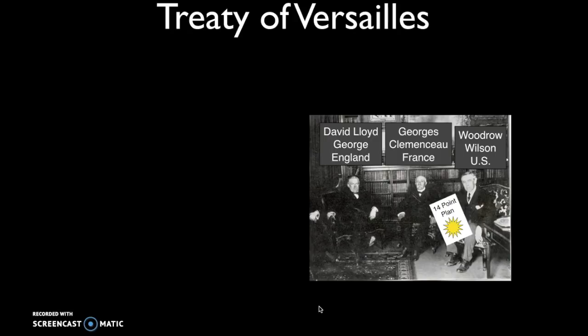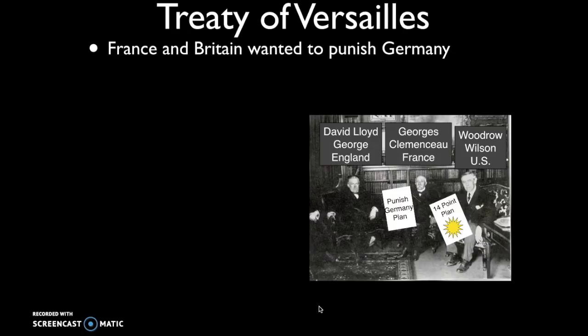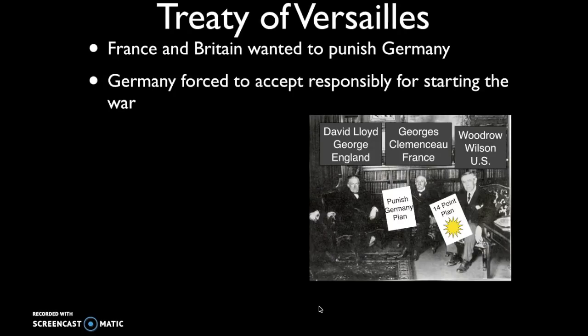And also, you may recall, Woodrow Wilson's plan was very different than the plan of George Clemenceau and David Lloyd George, right? David Lloyd George and George Clemenceau were far more interested in punishing Germany. So France and Britain wanted to punish Germany. They wanted to force Germany to accept responsibilities for starting World War I. That was the war guilt clause.